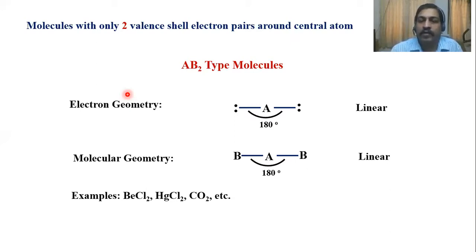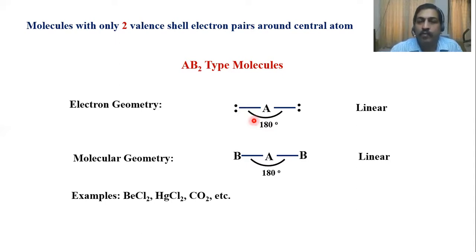In an AB2 type molecule, there are only two bond electron pairs around the central atom. There will be repulsion between the two bond electron pairs and they can minimize the repulsion by maintaining maximum distance between them. That is possible when the angle between them is 180 degrees. So the electron geometry of an AB2 type molecule is linear.